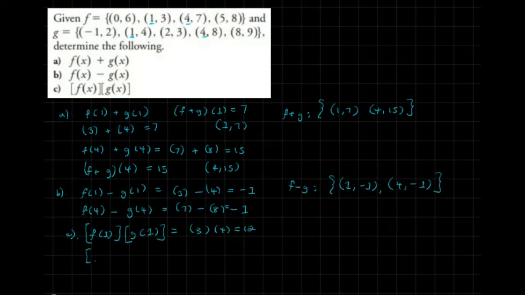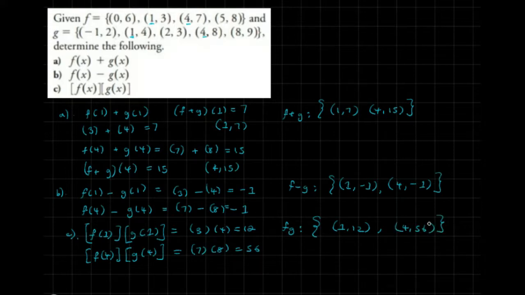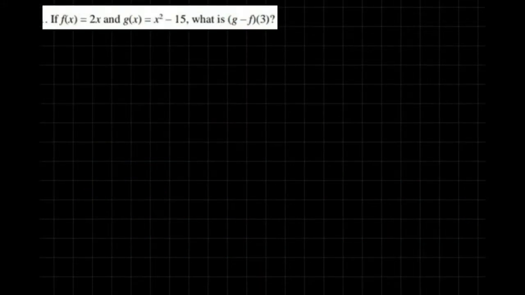And we can also do f of 4 times g of 4, which is 7 times 8, which is 56. Okay, so in this set, f times g, you can have the points (1, 12) and (4, 56). That's how we can combine functions.